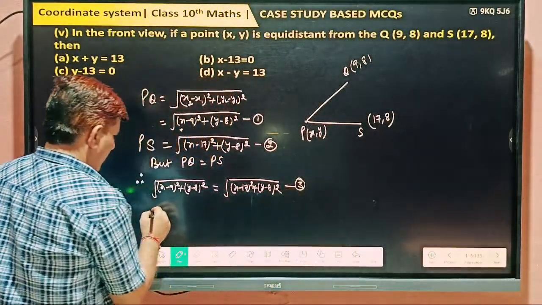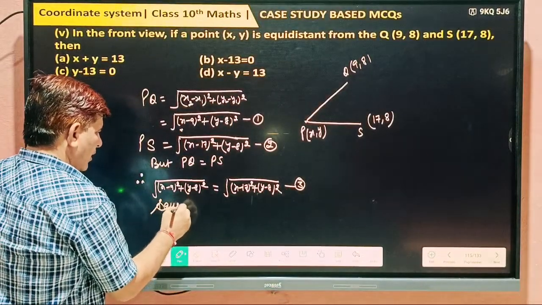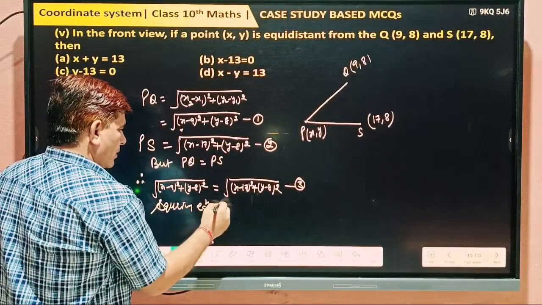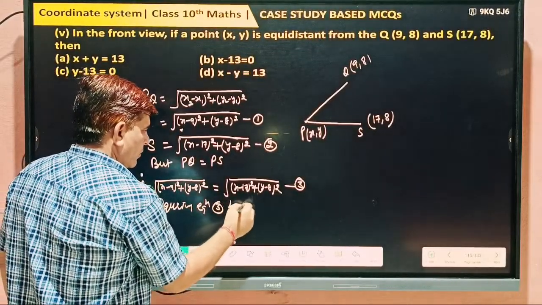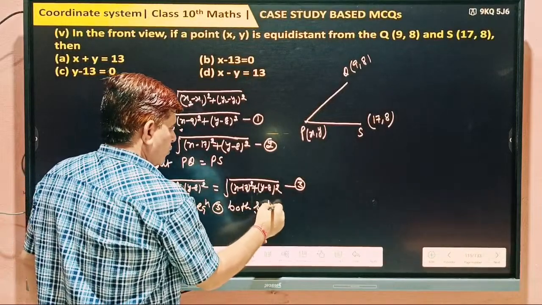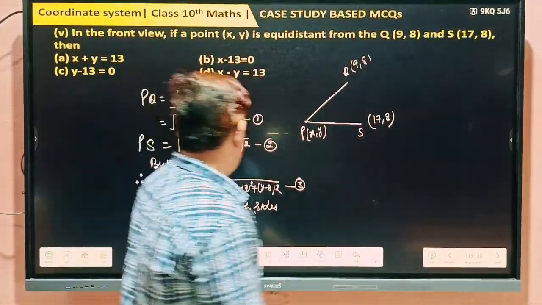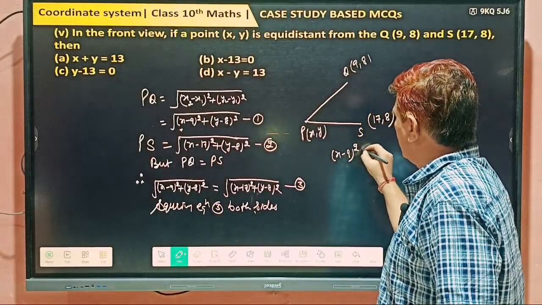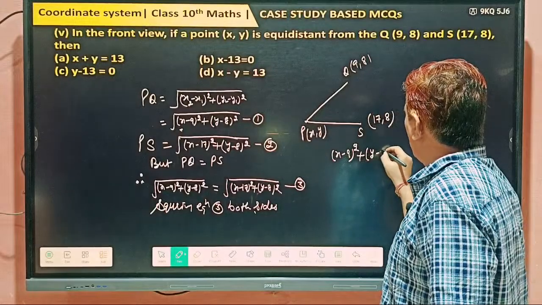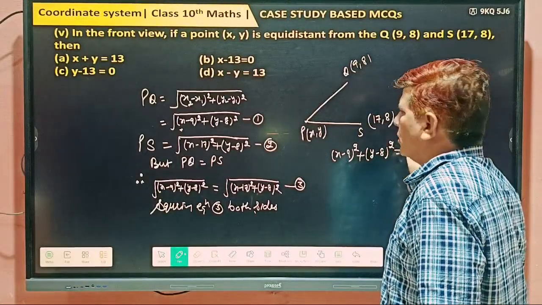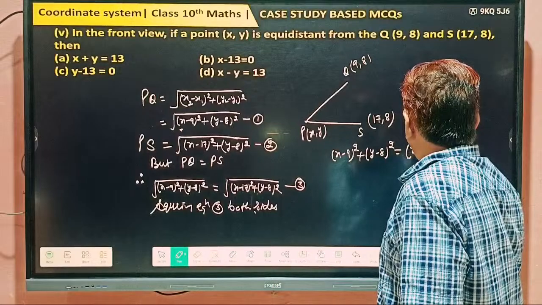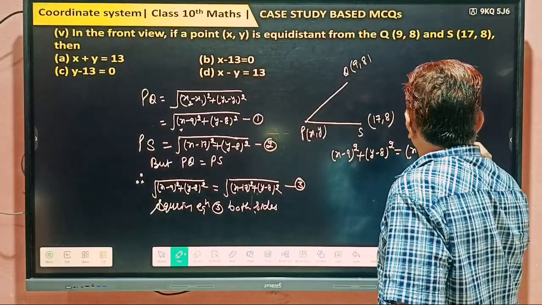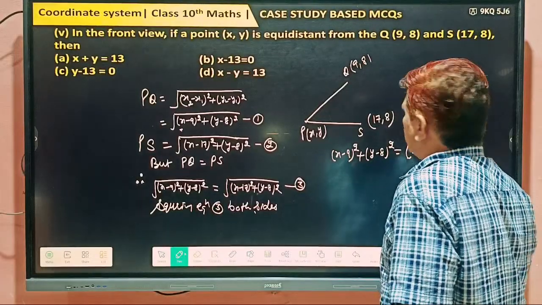Squaring both sides of equation 3. Why is it an equation? Because the equal sign is there. So when we square it, we have (x minus 9) whole square plus (y minus 8) whole square equal to (x minus 17) whole square plus (y minus 8) whole square.